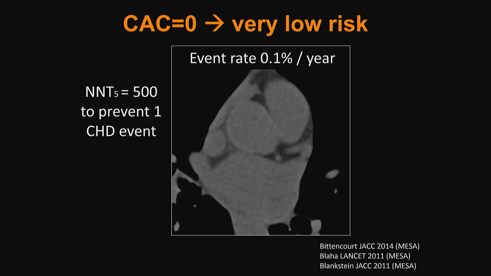Specifically, those that have a calcium score of 0 have a very low event rate, which in many studies approaches 0.1% per year. In fact, some work that we have done in this area has shown that you would have to treat 500 individuals for 5 years to prevent a single coronary heart disease event when you examine patients that have a calcium score of 0.